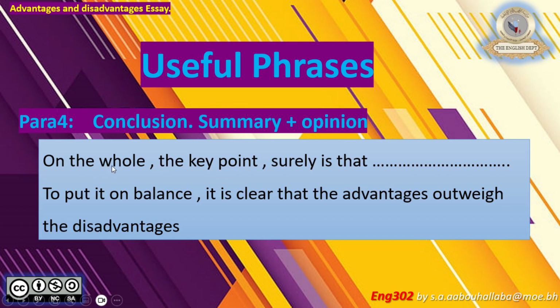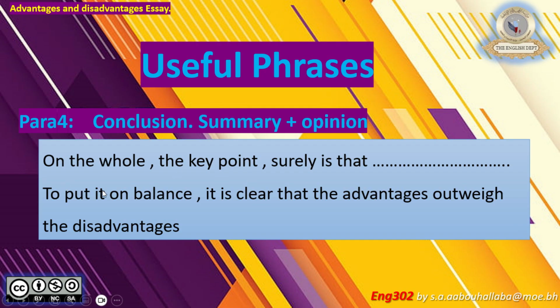On the whole, other words can be overall, to sum up, or in conclusion. All these are accepted. The key point surely is that, what is the key point that you have come to by looking at the advantages and disadvantages?